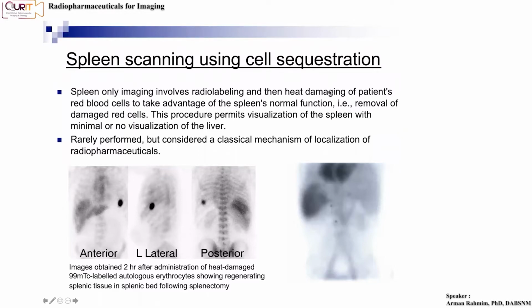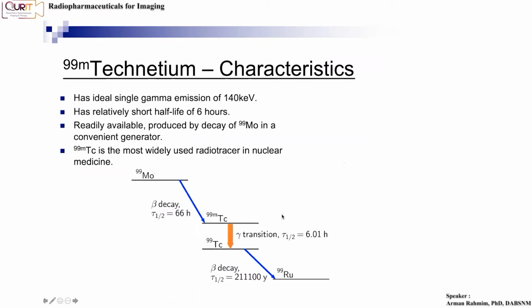So this is a very smart way of, for example, imaging the spleen. Now, this is not commonly done these days, but it's showing you the excitement, especially in the middle of the previous century when nuclear medicine was essentially being born with a lot of different applications, that many of these exciting things started to happen.